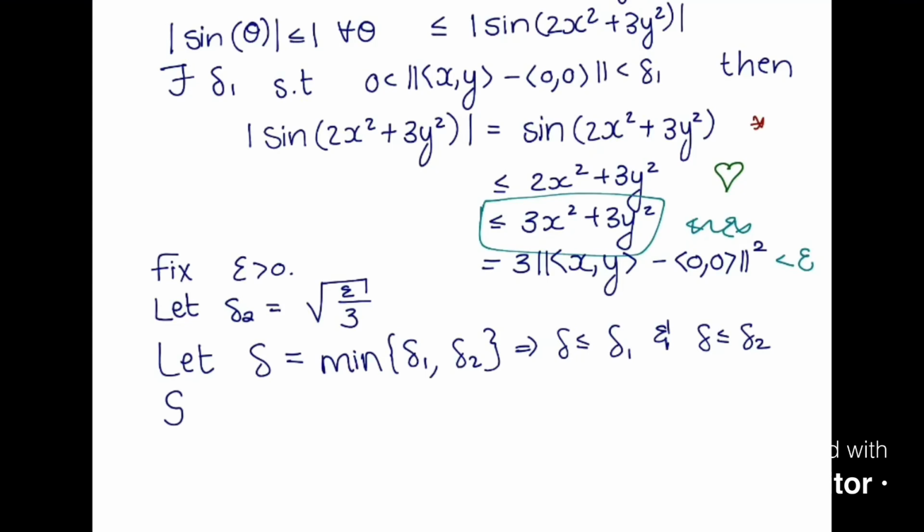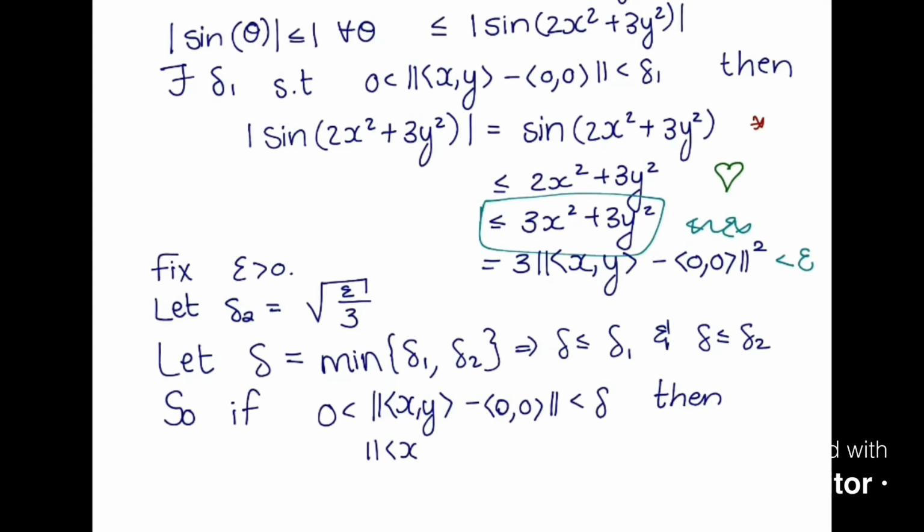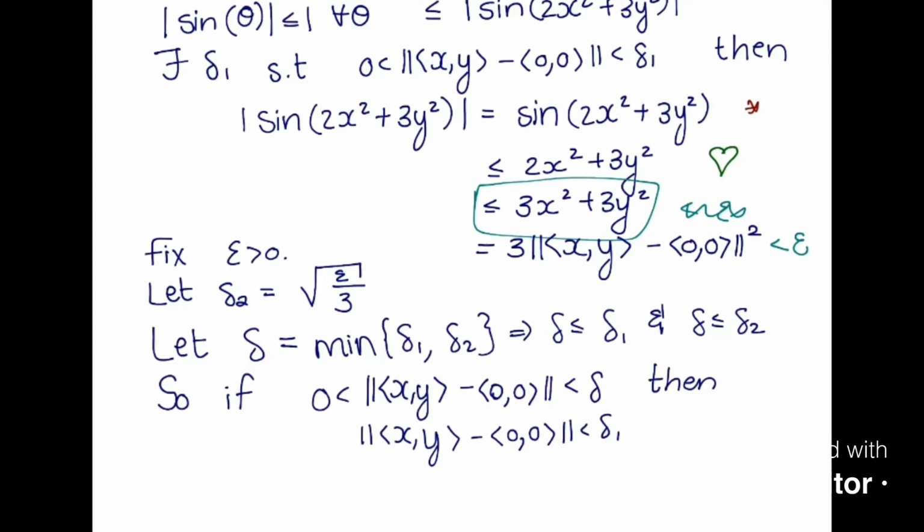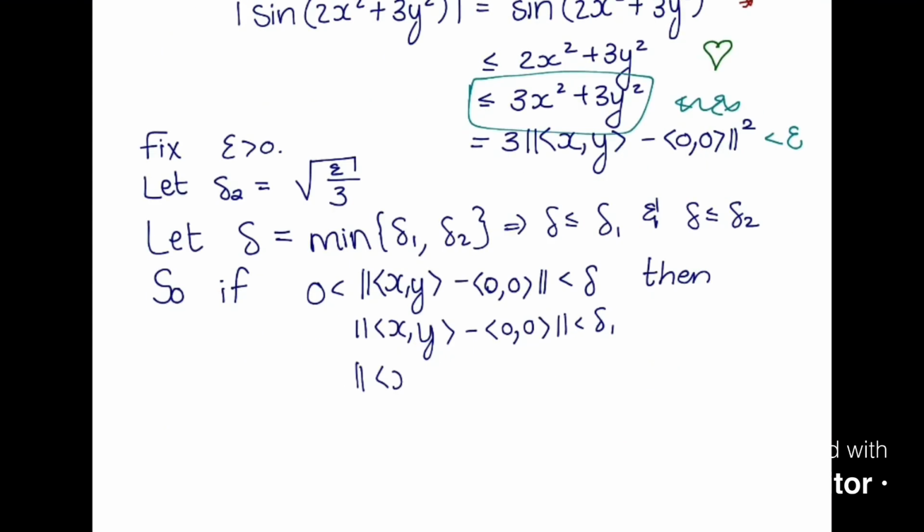So if we make the assumption that the norm of (x,y) minus 0 is less than delta, then the norm will automatically be less than delta 1 as well as less than delta 2. This is "and".